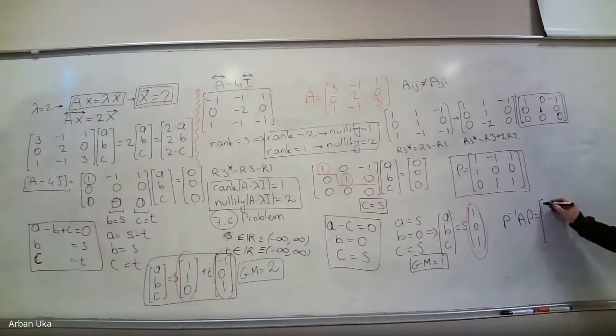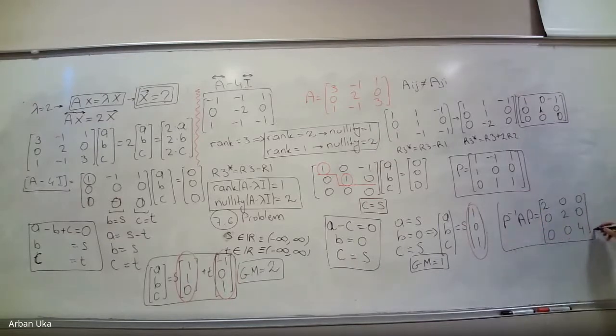This is going to be 2, 0, 0, 0, 2, 0, and the last value is 0, 0, 4. So this is how the matrix A will be diagonalized. And in the diagonal terms, these are the eigenvalues.